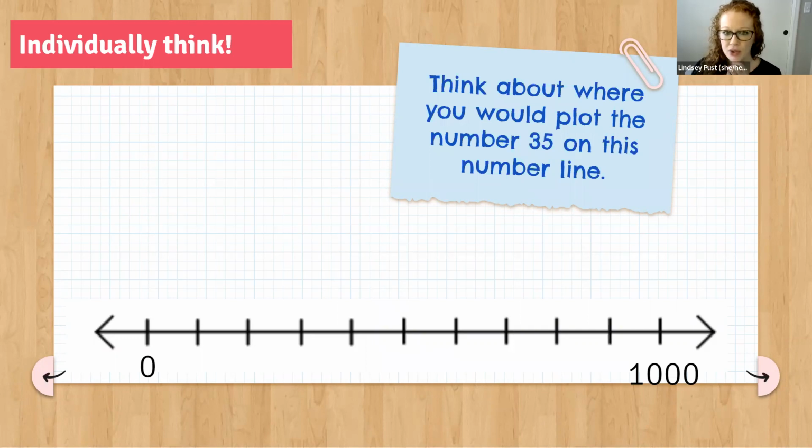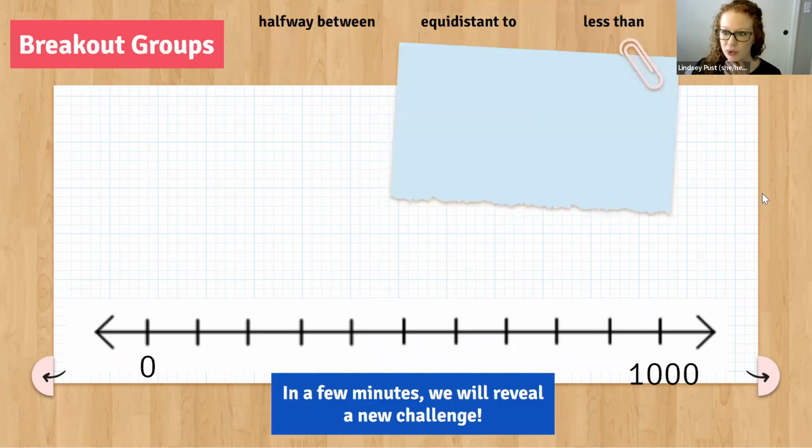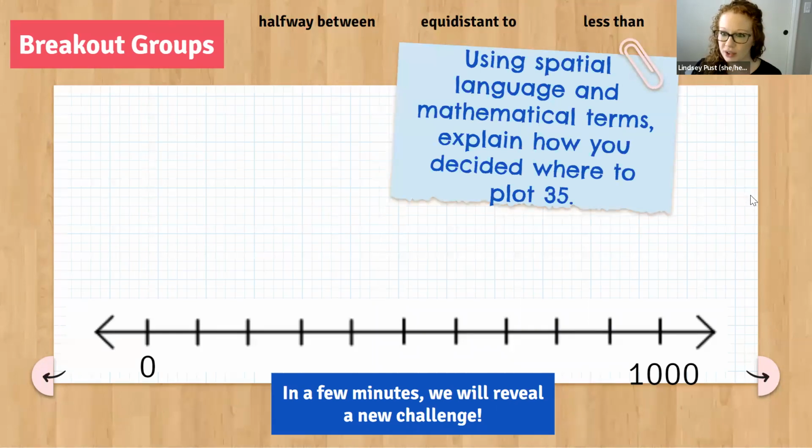But I want you to think about where you would plot the number 35 on this number line, and really be intentional about using these vocabulary words in your explanation to each other, okay? So, Marisa, I will let you.